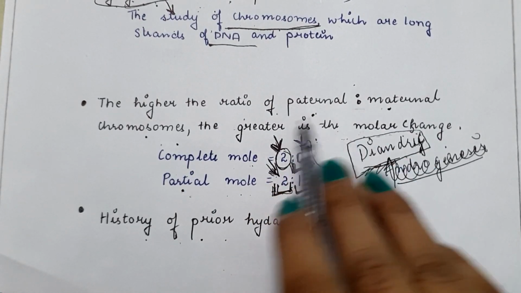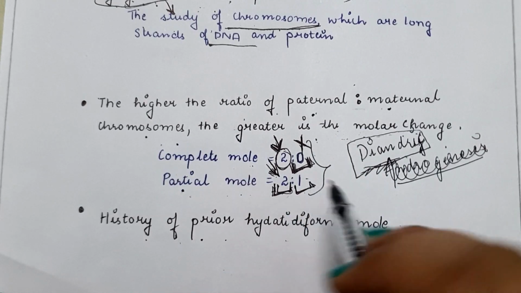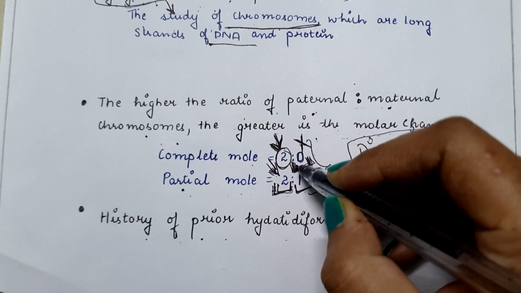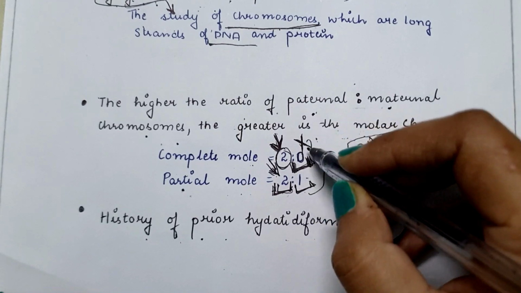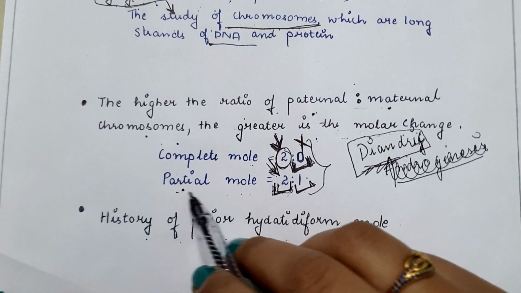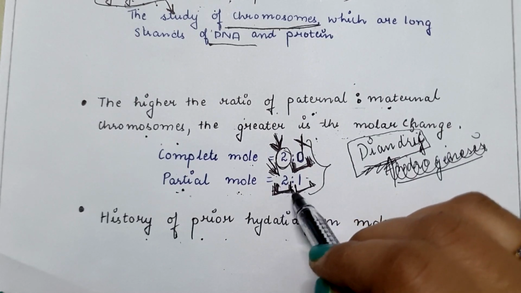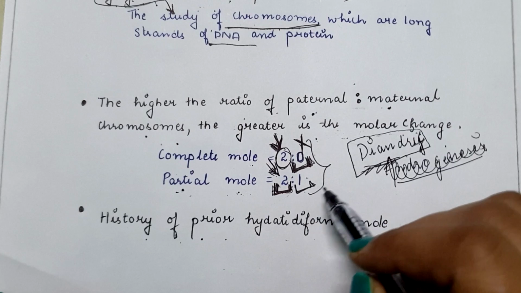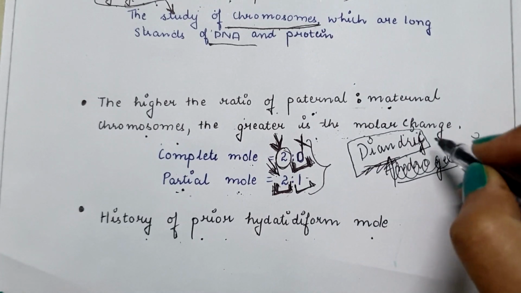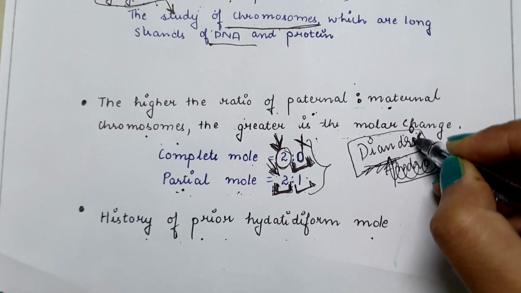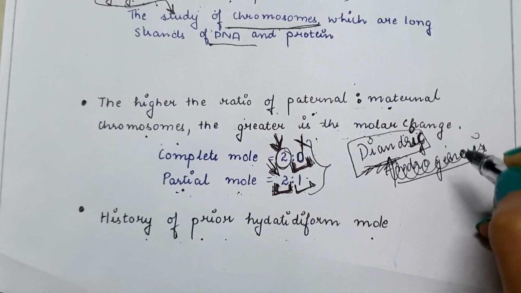As in the complete mole, there is one extra set of chromosomes from the paternal side, while there is no set of chromosomes from the maternal side. And in the partial mole, again one extra set of chromosomes comes from the paternal side, which is also known as diandric. Diandric means when an extra set of chromosomes comes from the father side or from the paternal side.